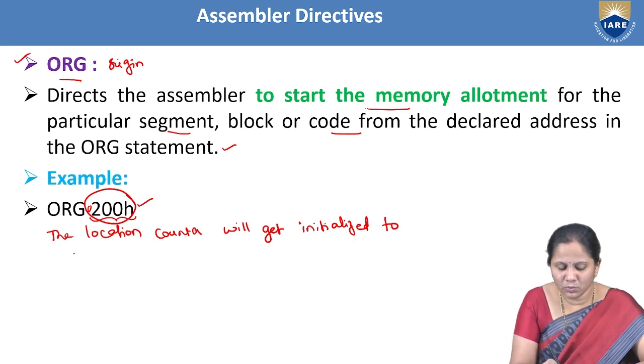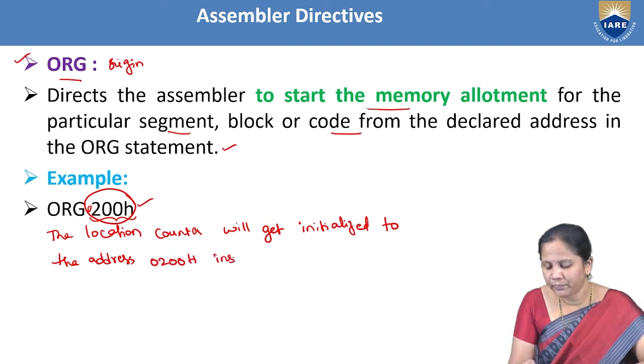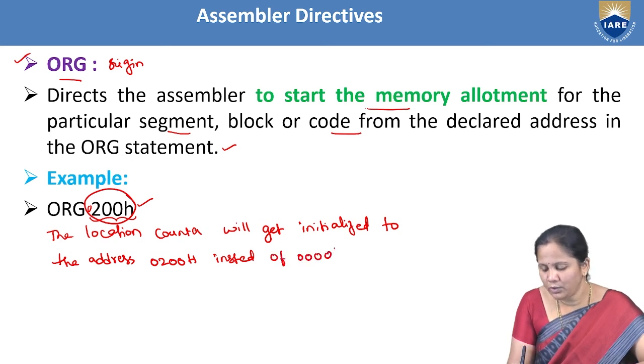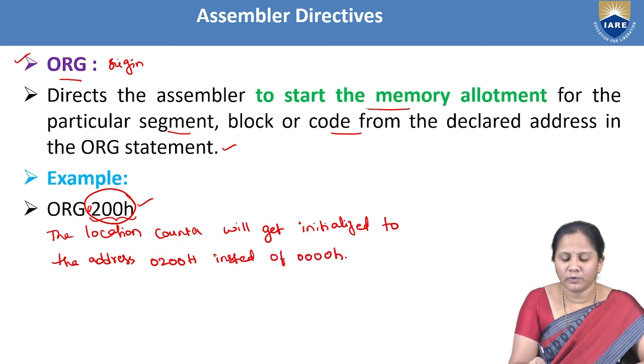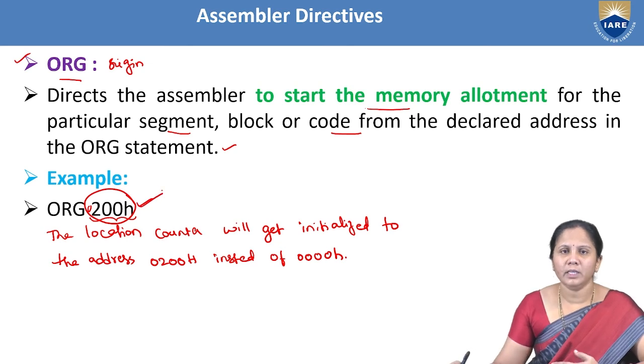So it initializes to the address 0200H instead of 0000H. If you are not using any ORG value, the memory allotment by default will be starting from 0000H.